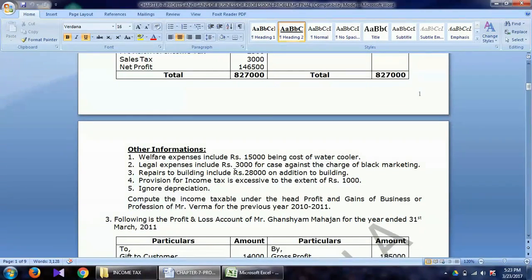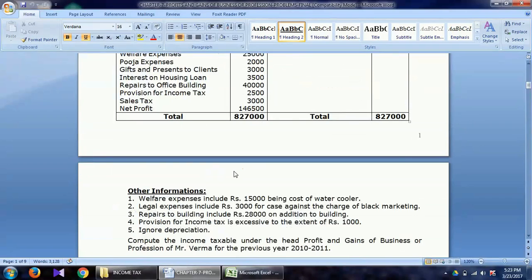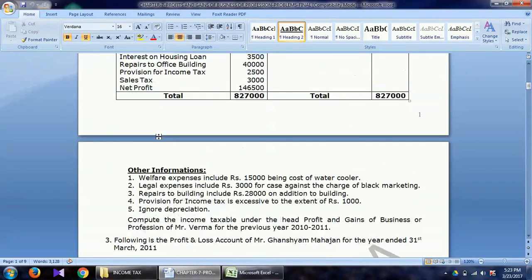Ignore depreciation. So here we will just click on the adjustments.